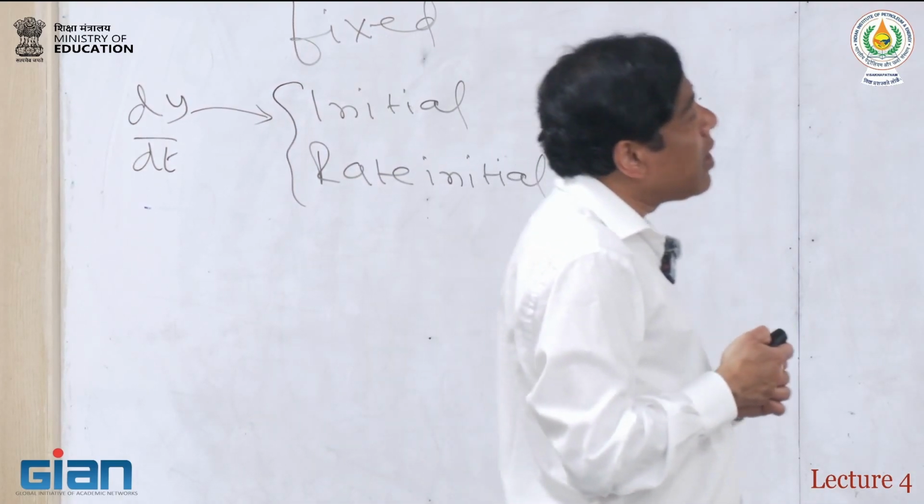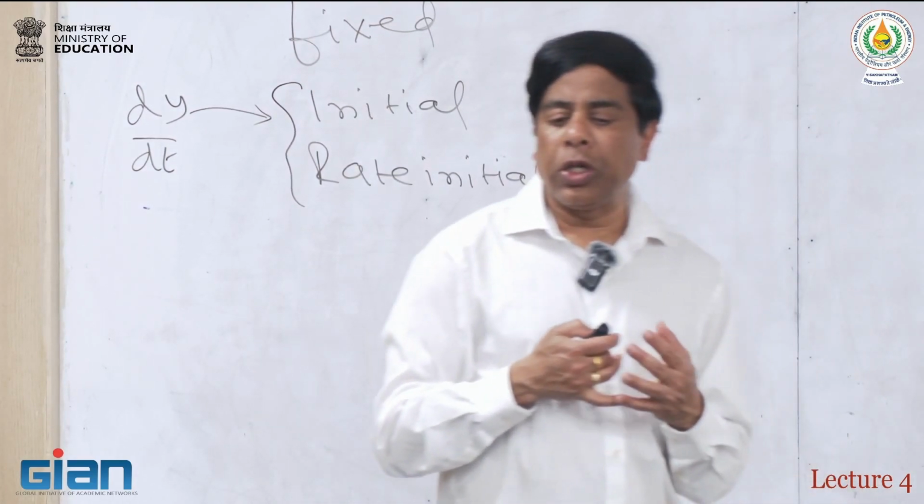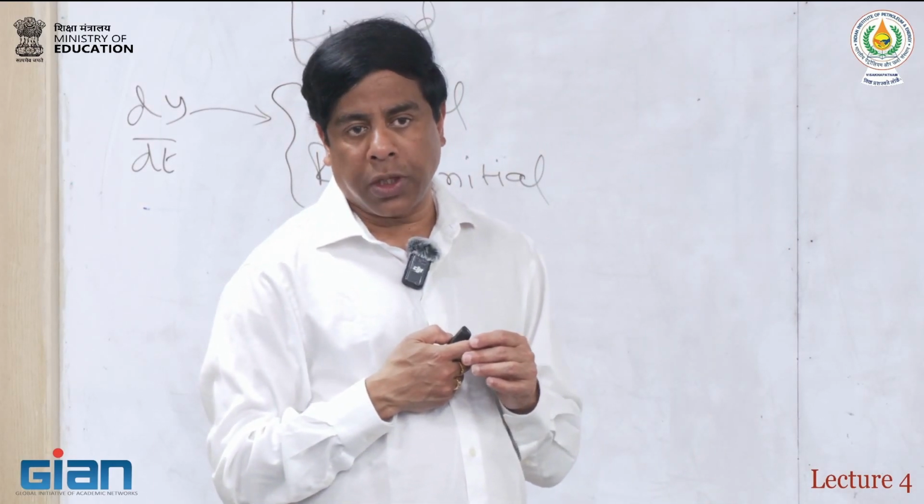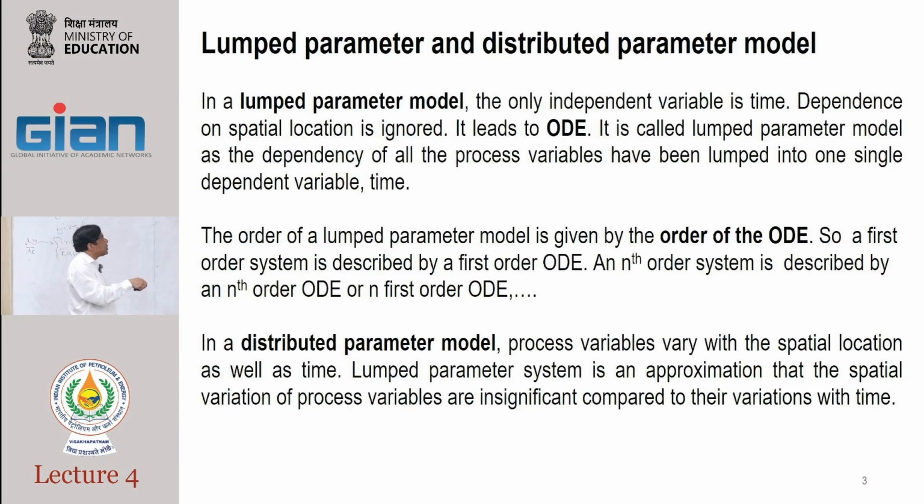But if there is a process where not much change is happening with respect to space, I can always use a lumped parameter model, right? What is the advantage? If you approximate this as independent of space, it becomes an ODE, right?